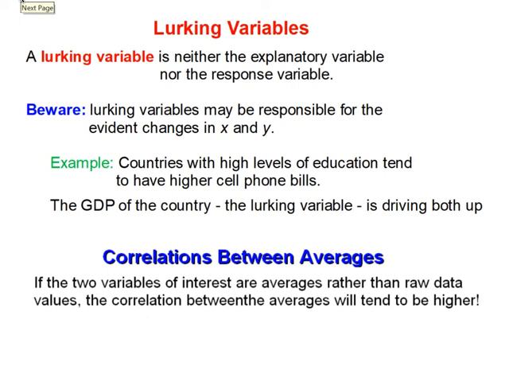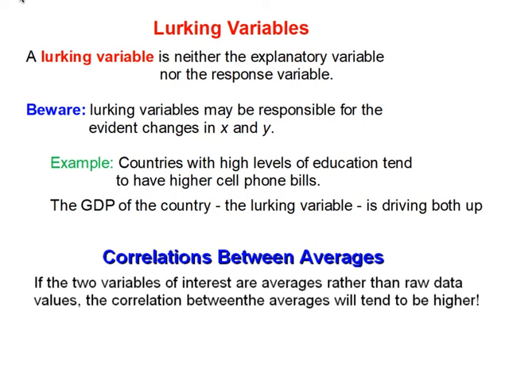Okay, we have a little lurking variable that can affect some of this. A lurking variable is neither the explanatory variable nor the response variable. Beware, a lurking variable may be responsible for the evident change in x and y. There might be some other thing changing the data that made x and y have this linear relationship.